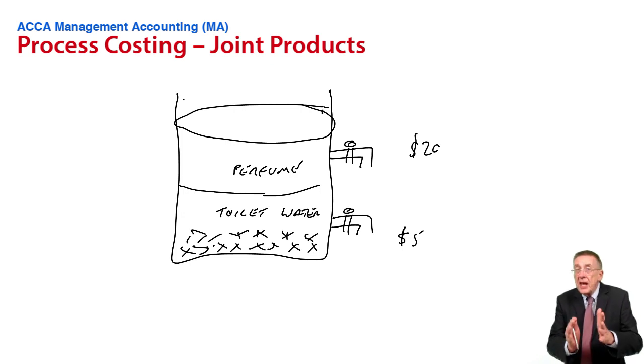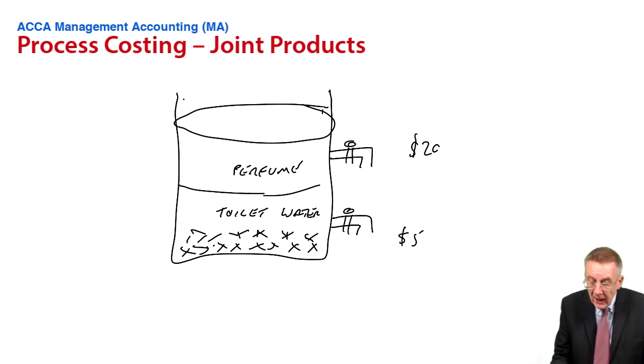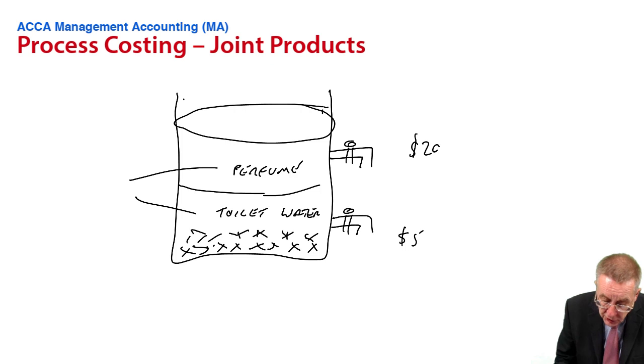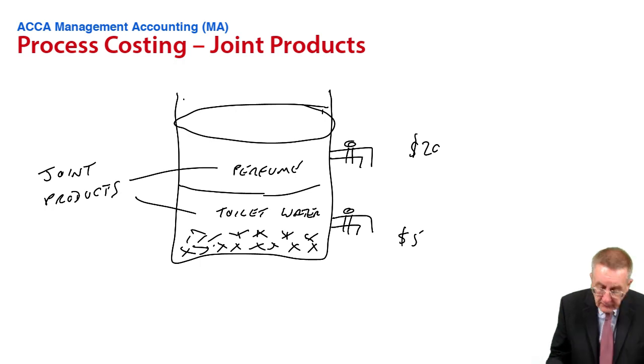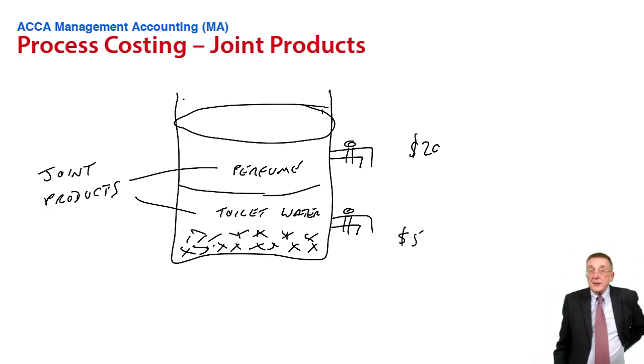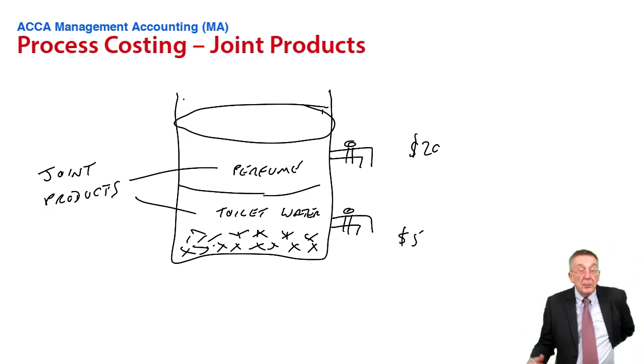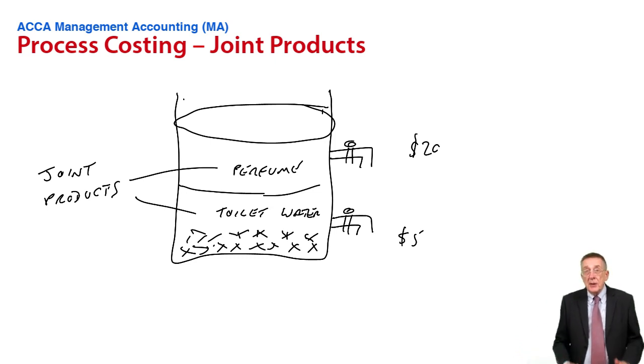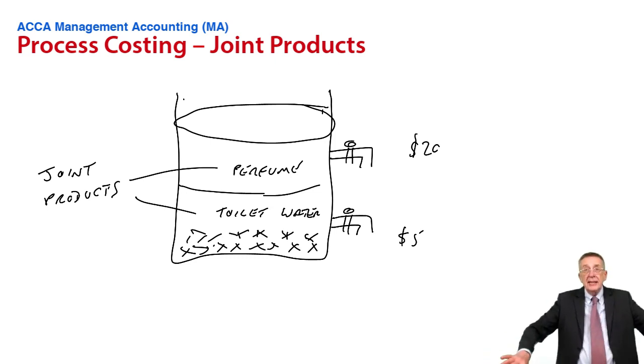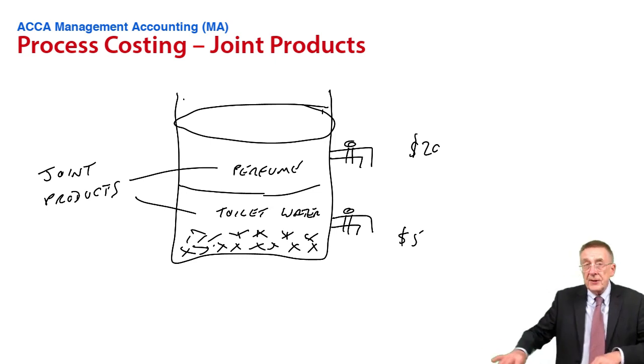Then the costs are shared between them. Well, we call these joint products. Joint products is when you're making two or more products in the same process. You can't identify the costs of one and the costs of the other.